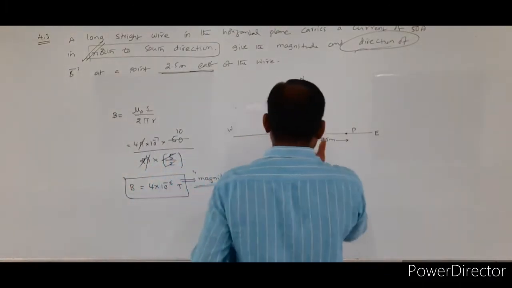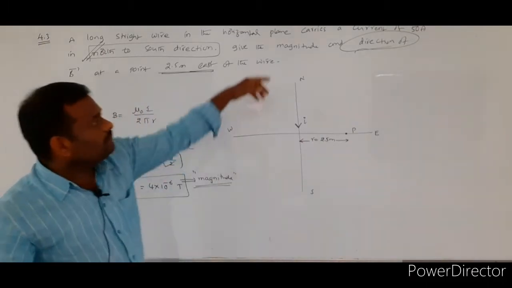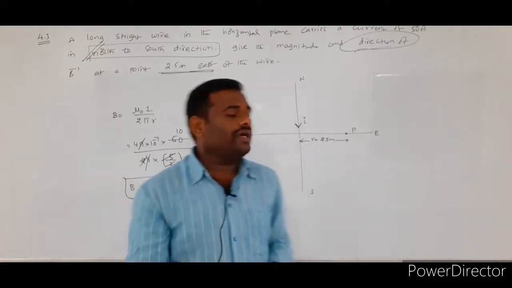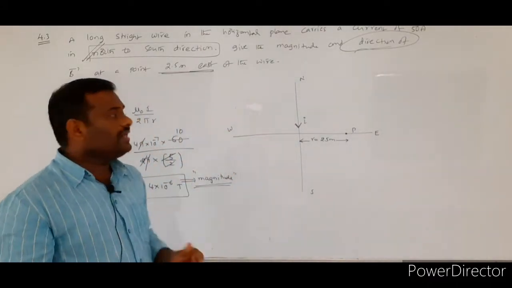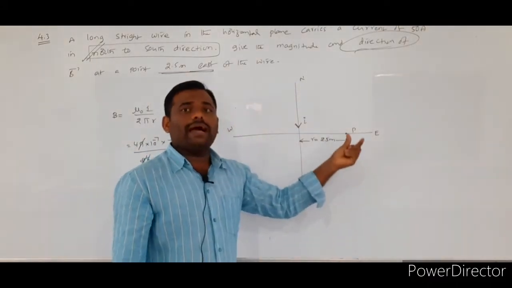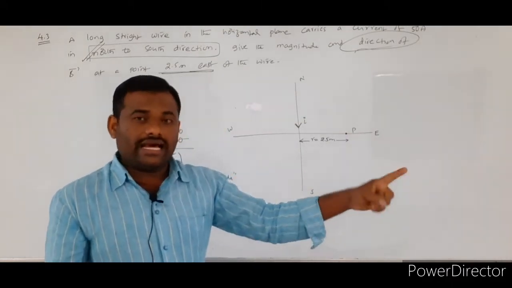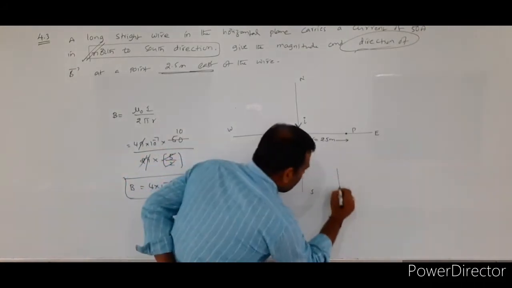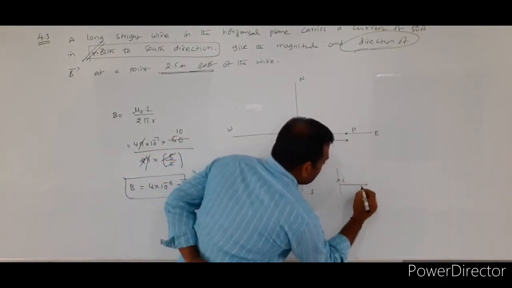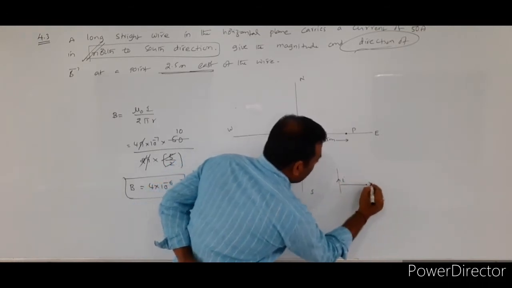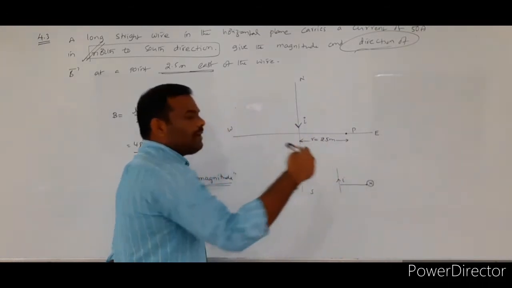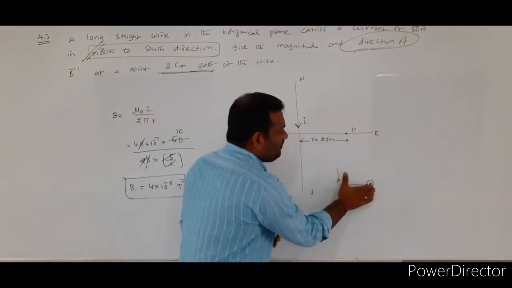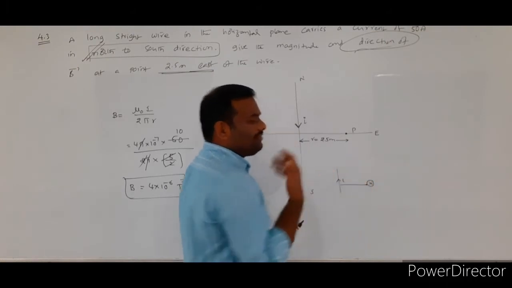Now see here, whenever the current is flowing in the downward direction, the direction of the magnetic field will be reversed.